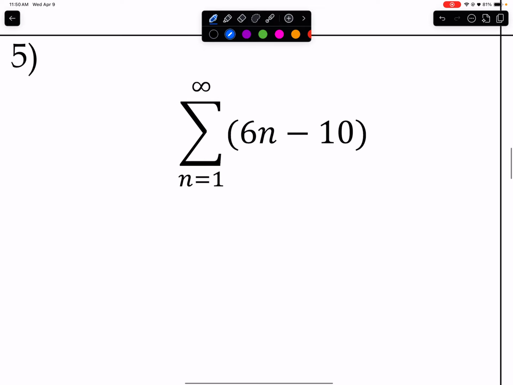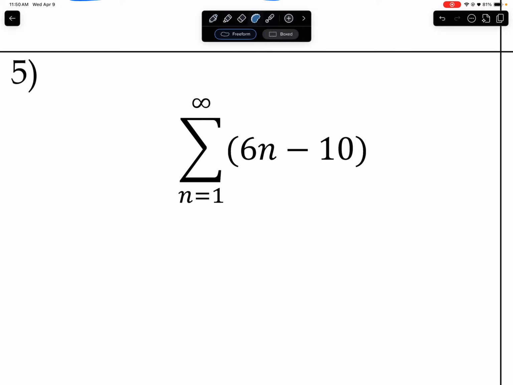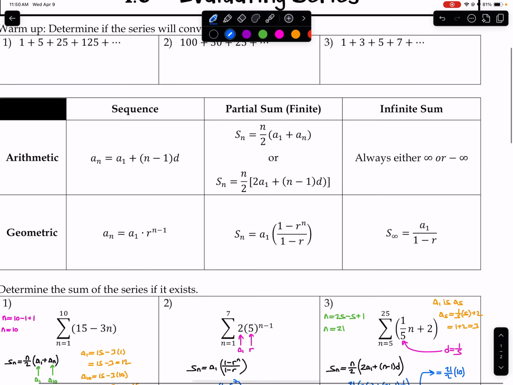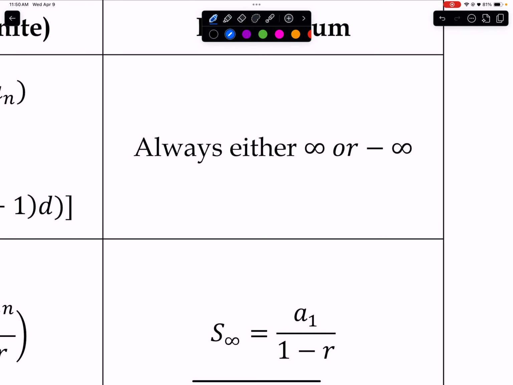Now looking at the next one, for number 5 here, now we're going to have an infinite series, but it's going to be arithmetic in nature. With this one, because it's infinite arithmetic, we know it's going to diverge, which means the sum is going to be either infinity or negative infinity.